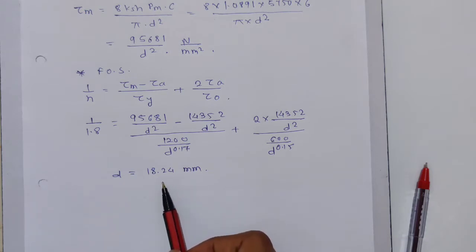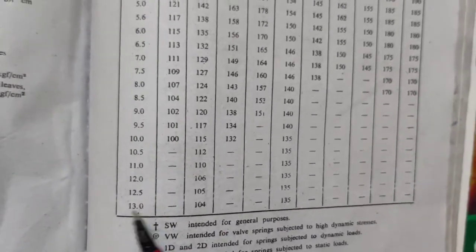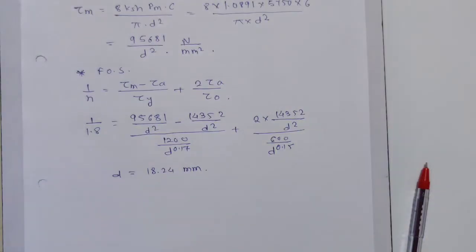Now this is not a standard diameter in the PSG. See, in PSG page number 7.104 the large diameter is 13. It is not in the PSG, but we have to use this only. We can say it is a special purpose spring.